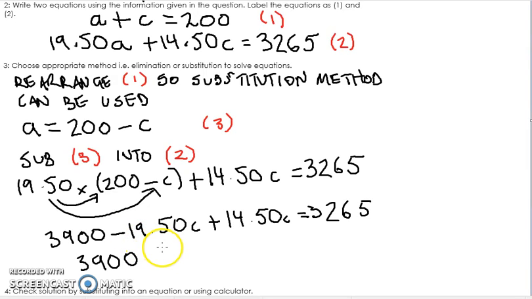So minus $19.50 C plus $14.50 C. These amounts of C's simplify to minus 5C, and this is equal to 3,265. Okay, I'm going to pause it here. We're going to continue on with this question, get our answer for C, substitute it into one of the equations so we can get our A value. Meet you in part 2.